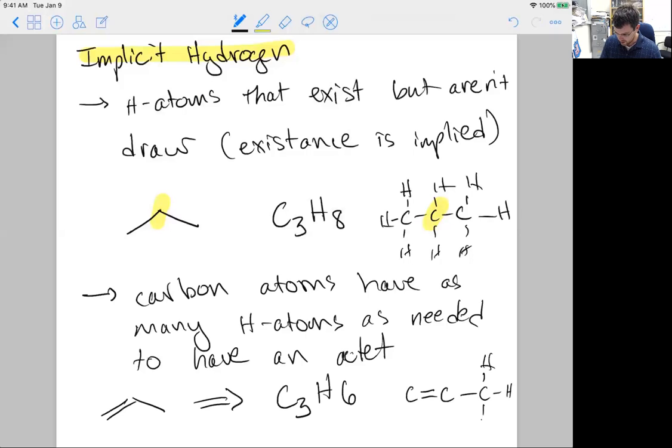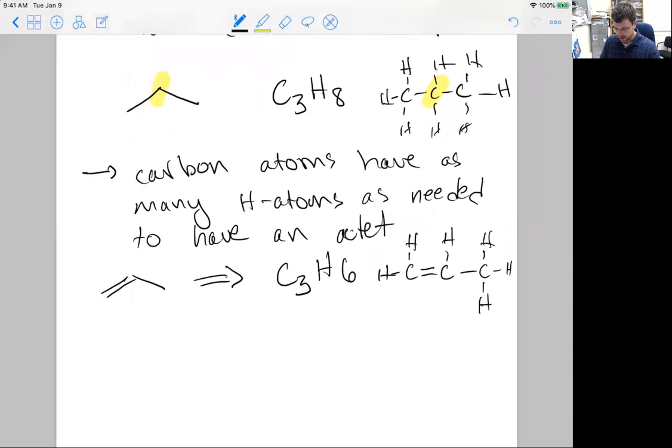So the end carbon needs 3 to get an octet. The middle carbon now only needs 1, and the leftmost carbon needs 2. That is 6 hydrogen atoms total. Okay, so hydrogens, the letter H is not often drawn because its existence is implied if it's bonded to carbon.